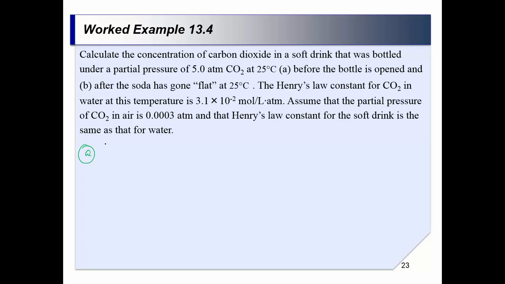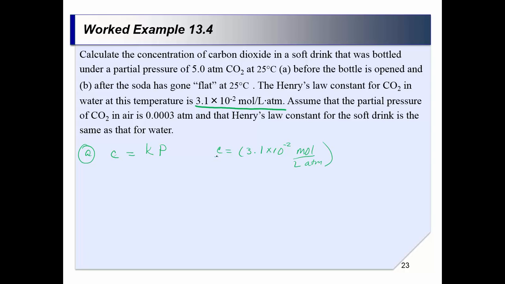So if we're going to calculate the concentration, then we need C, the molar concentration, equals K times P. Henry's law constant for carbon dioxide in water is known, and it's given to us right here. So that's our K value. C equals 3.1 times 10 to the negative 2 moles per liter atmosphere.